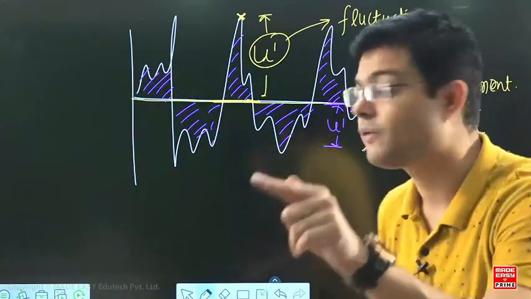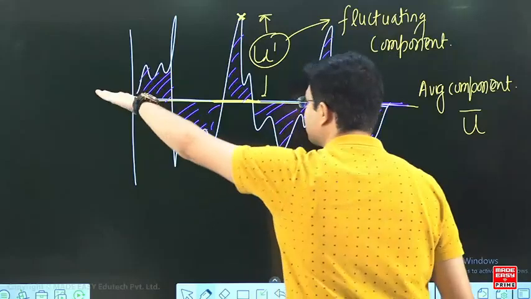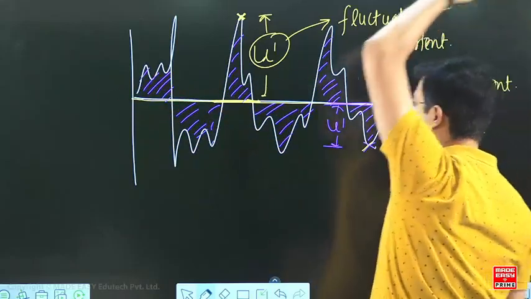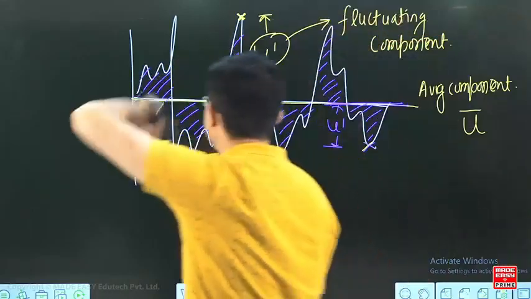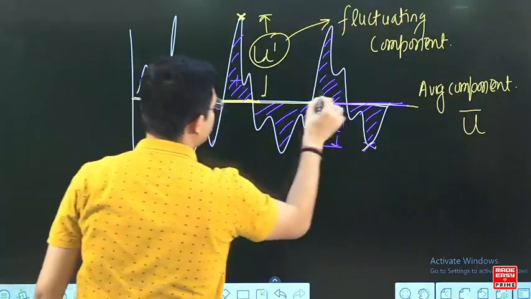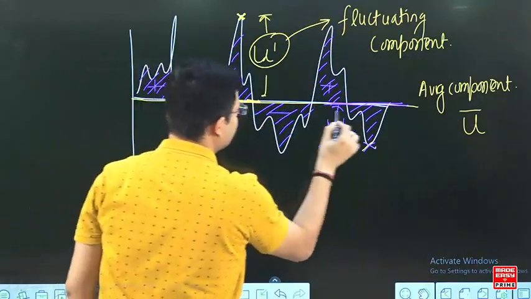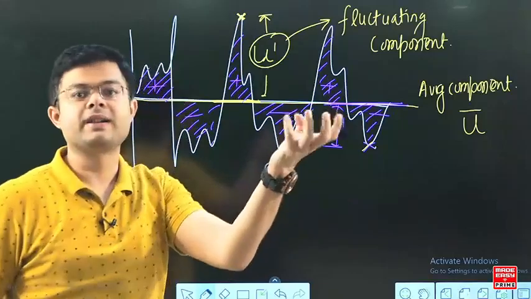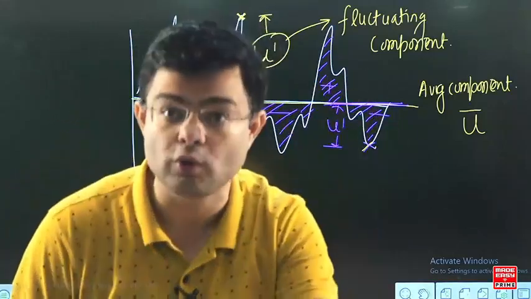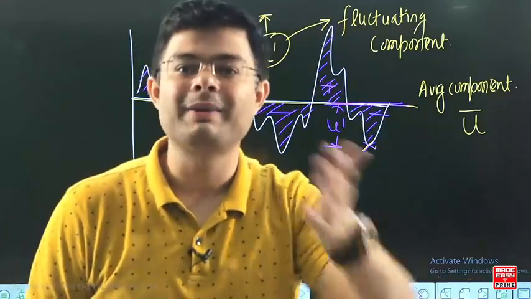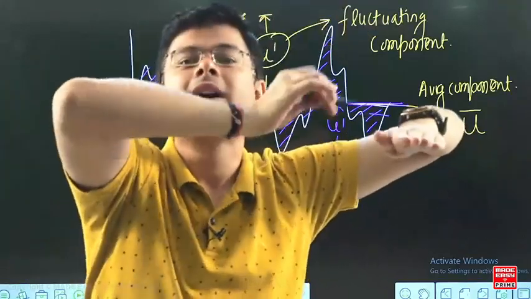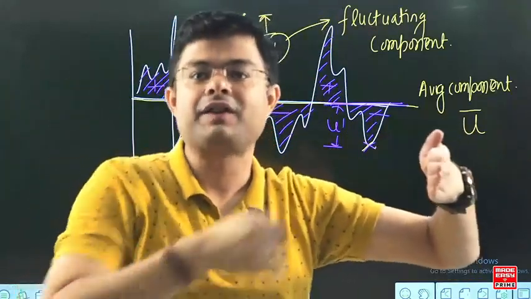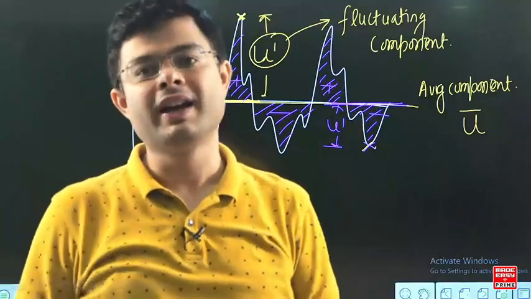Over a certain duration of time, if this is the average value, then all the positive fluctuating components and all the negative fluctuating components, the summation is going to come out to be 0. It has to be, because if average is there, all the things above and below the average in a duration of time, the summation is going to be 0.